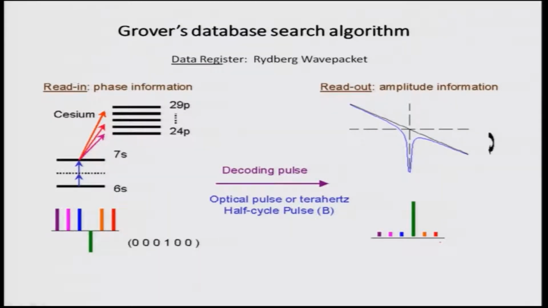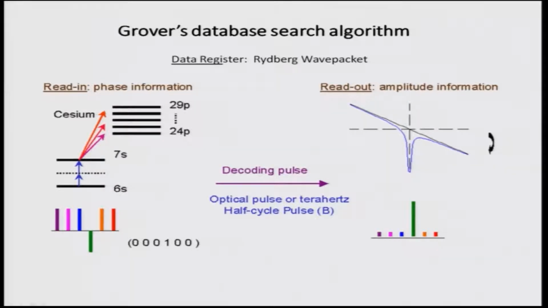In general, the data registers in these cases were loaded through optical techniques of exciting the system to a Rydberg state through a 2-photon excitation process by using a shaped pulse to essentially write down the information in terms of phase encoding of the excited state, and then using a decoding pulse, which could be an optical pulse or terahertz half cycle pulses, to essentially ionize the correct states to get the information out.